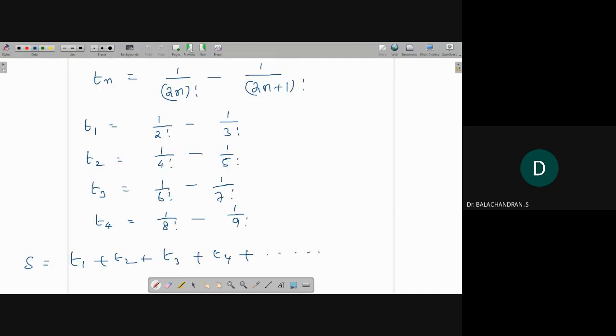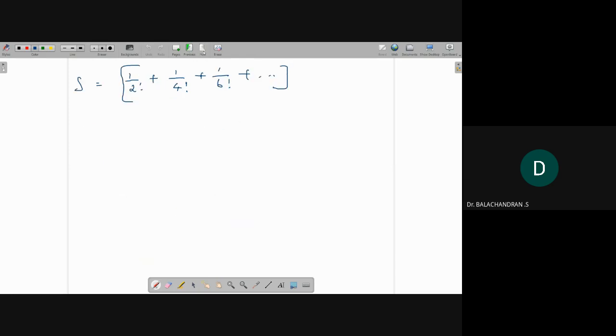Then if I add vertically, take minus commonly: minus 1 by 3 factorial plus 1 by 5 factorial plus 1 by 7 factorial, and so on. So what is the first expression?